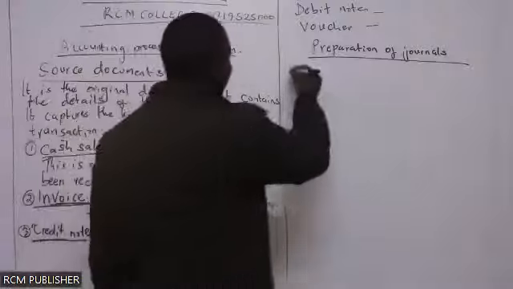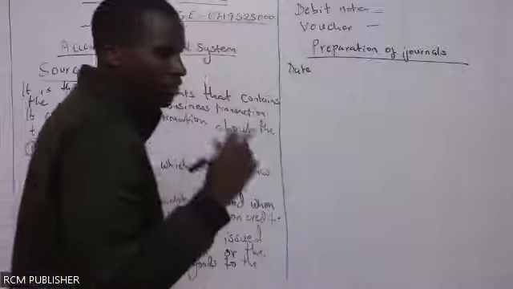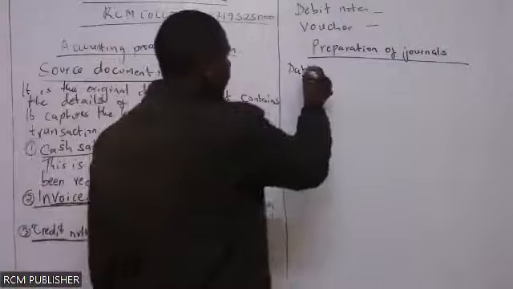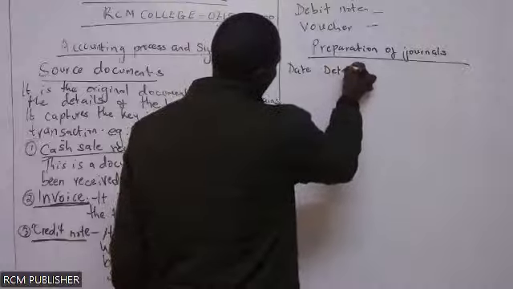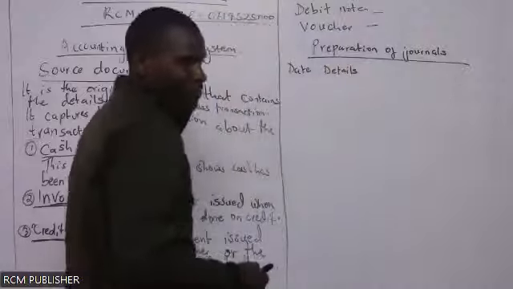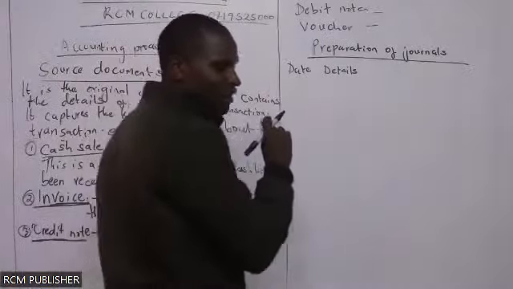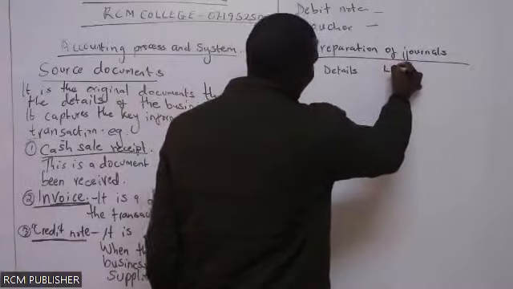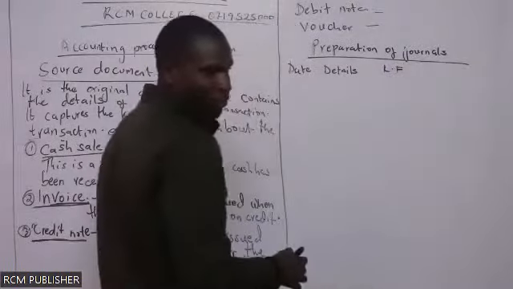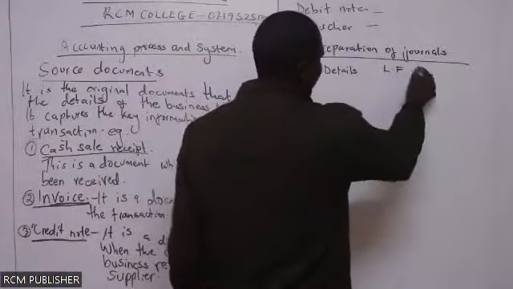We have a date column, of course. You have to record the date that the transaction took place. Then we have the details column. Another column is the ledger folio, the number for that document.